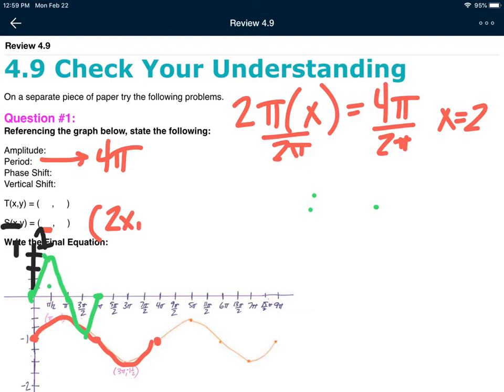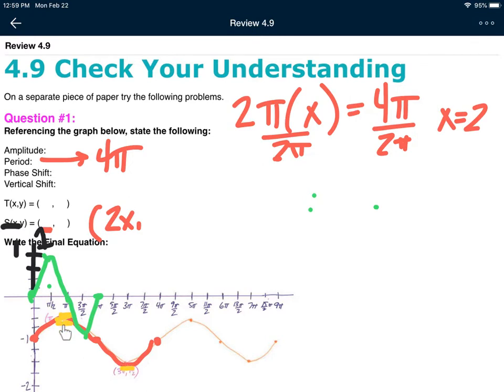Now, let's look at another element of it. Let's look at the amplitude. To do the amplitude, the easiest way is to look at the complete vertical distance from the high point here to right down in here. If we look at my tick marks, if that's 1, this is a half, so the high point is at negative 1/2, and it's going to come down to here at negative 1 1/2.